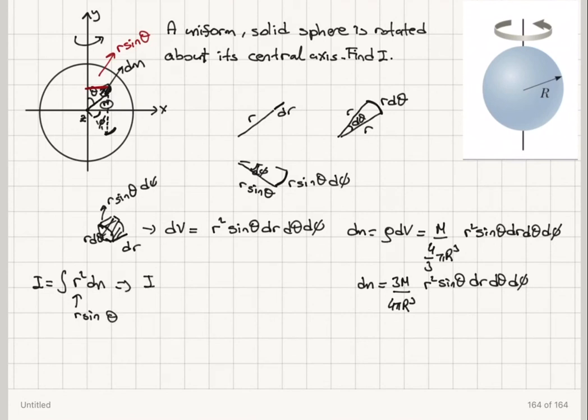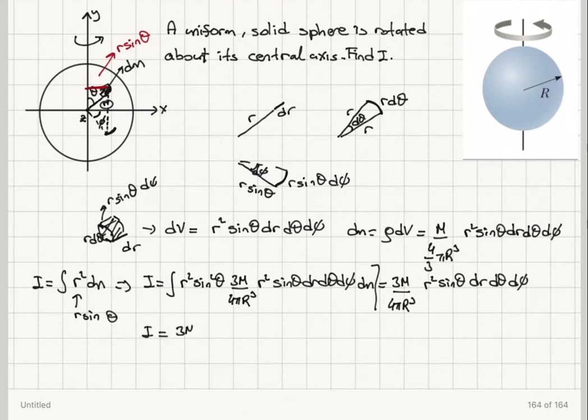Therefore the moment of inertia is the integral of r squared sine squared theta, the distance between the mass element and the rotation axis squared, times its mass, 3M over 4 pi R cubed, r squared sine theta dr d theta d phi.